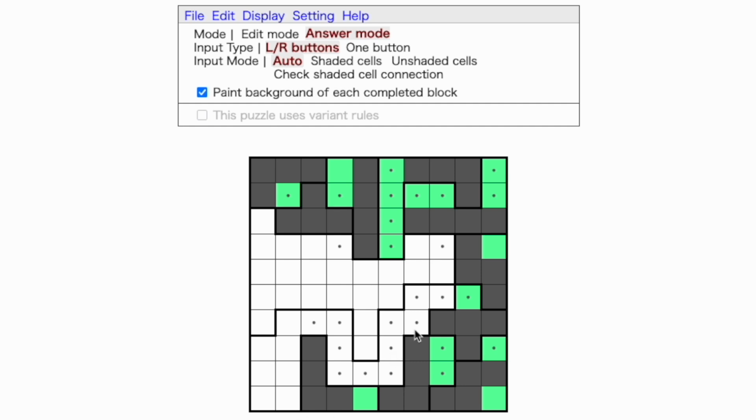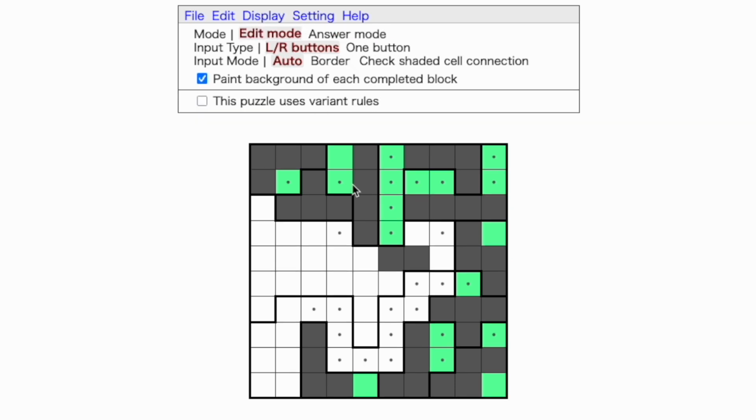But now we've got a cool thing happening here, where this region on the right now is isolated from everything on the left except through this little gap here. So we're going to have those be shaded. And can we make that?